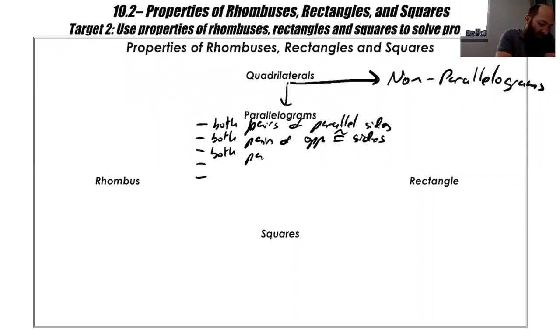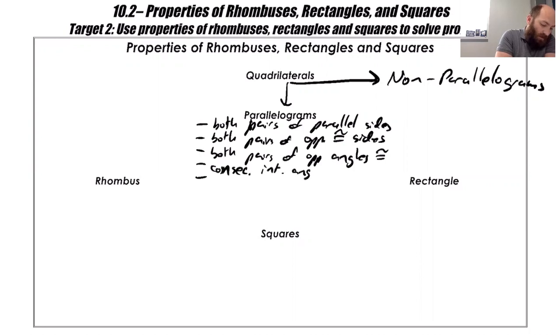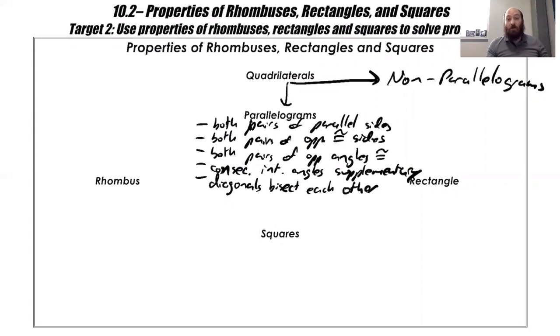Both pairs of opposite angles congruent. Consecutive interior angles are supplementary, and diagonals bisect each other. Okay, these 5 properties were true for any parallelogram.